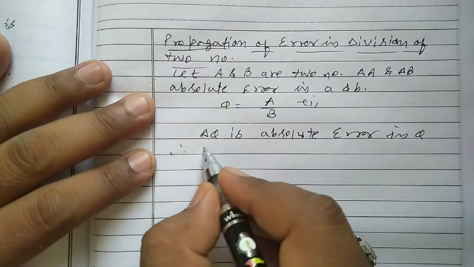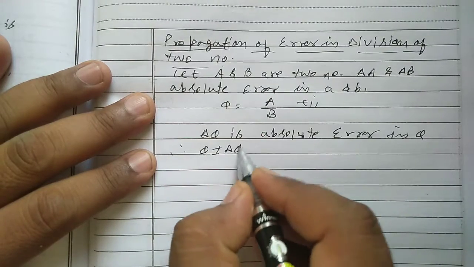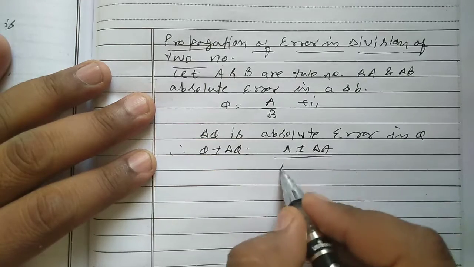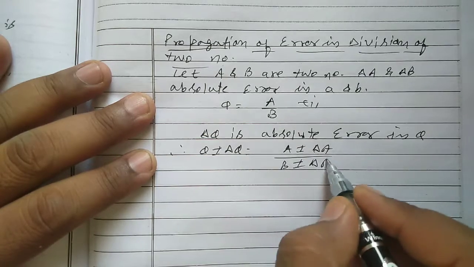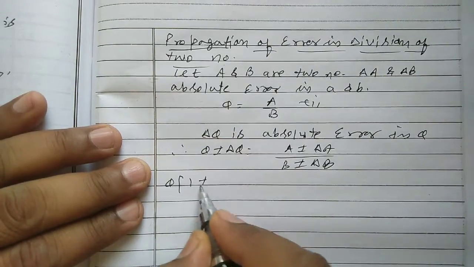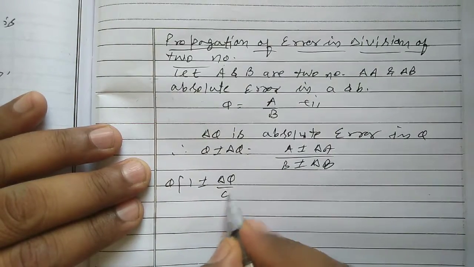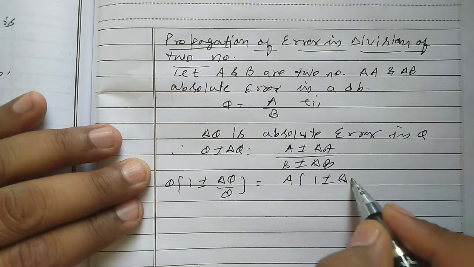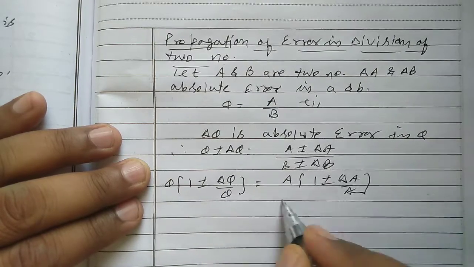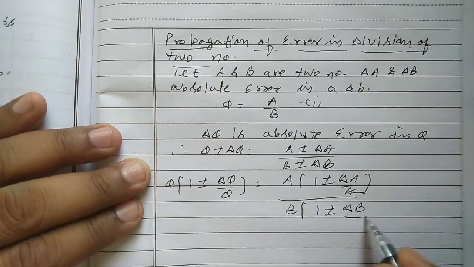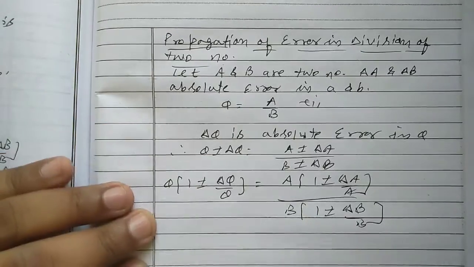Now we can write q plus minus delta q equals a plus minus delta a upon b plus minus delta b. We can take out q common: 1 plus minus delta q upon q. Take out a common: 1 plus minus delta a upon a. Take out b common: 1 plus minus delta b upon b.